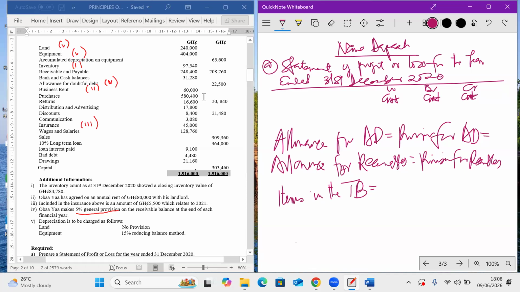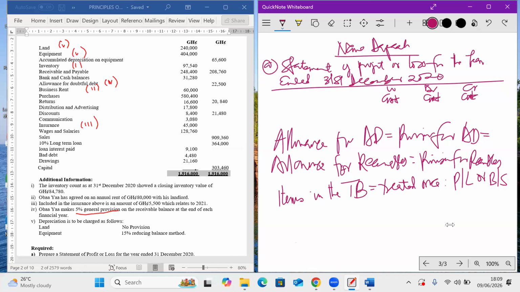So write, items in the trial balance equals treated once, either in the P&L or the balance sheet. So the items in the trial balance, land to capital, will appear once. They will appear in the P&L or they will appear in the balance sheet. Are you getting it? Yes.